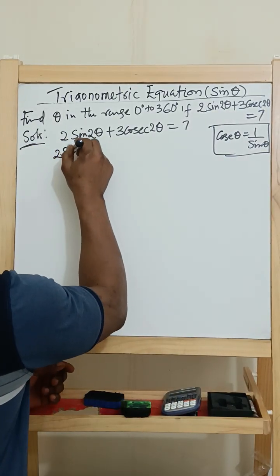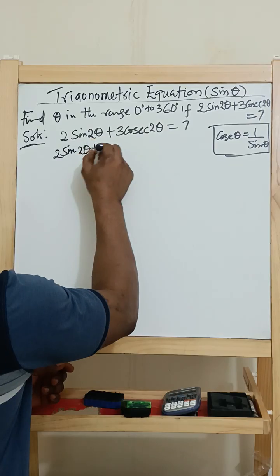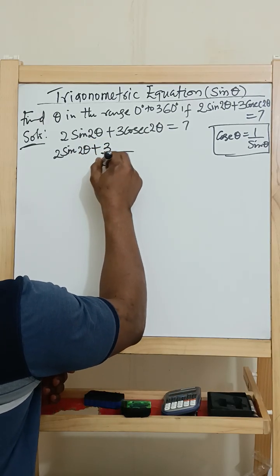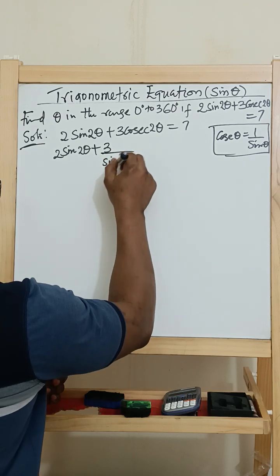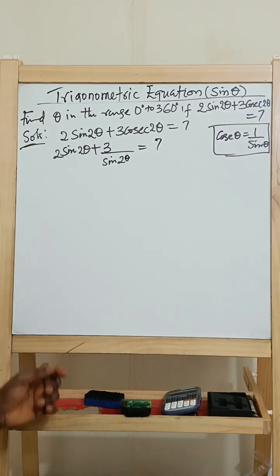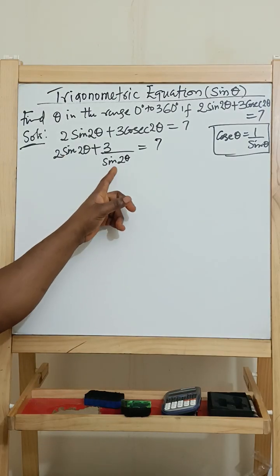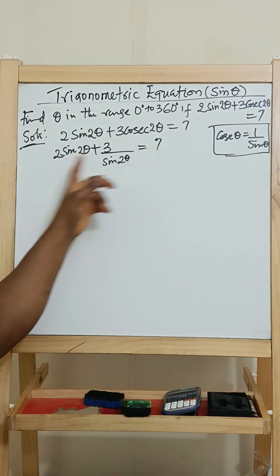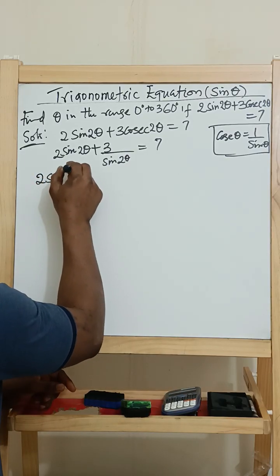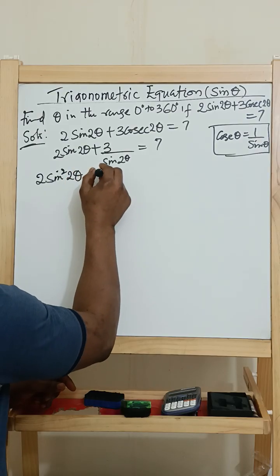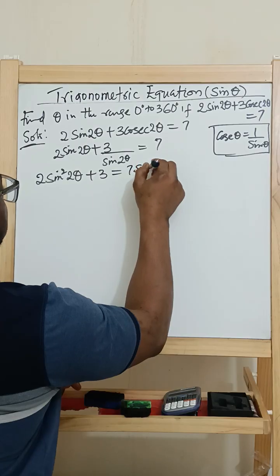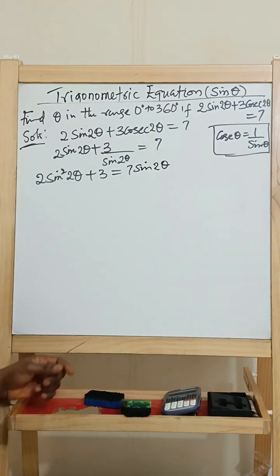So we have 2 sine 2 theta plus 3 over sine 2 theta equals 7. If we use this sine 2 theta to multiply every term, we are going to have 2 sine squared 2 theta plus 3 equals 7 sine 2 theta.